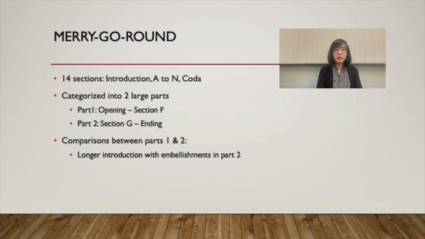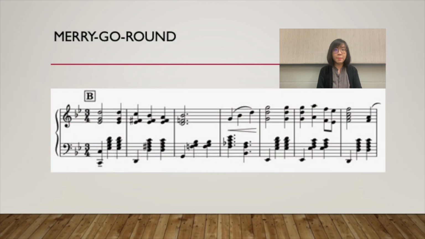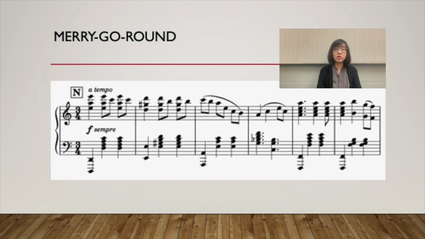Besides that, the first theme is repeated with variation in section B in part 1, while in part 2, the first theme only repeats at the end in section N in a different key after section M builds the climax of the piece.